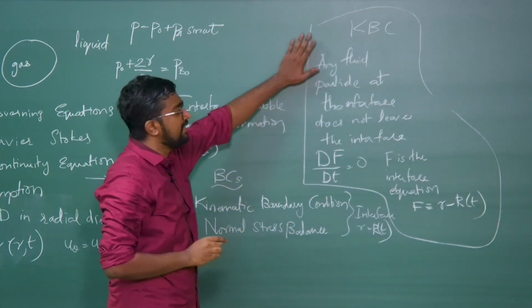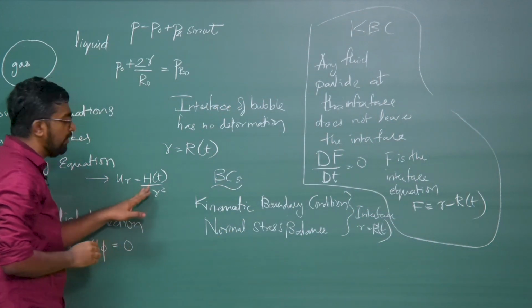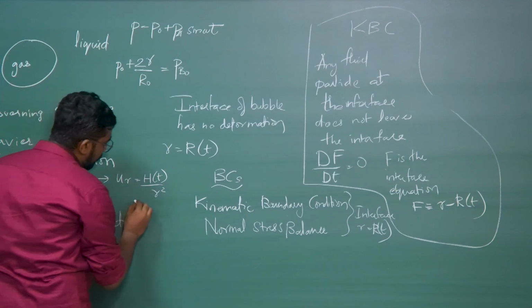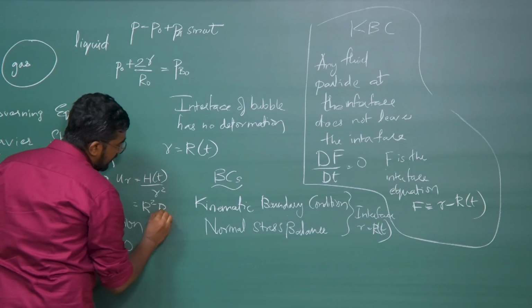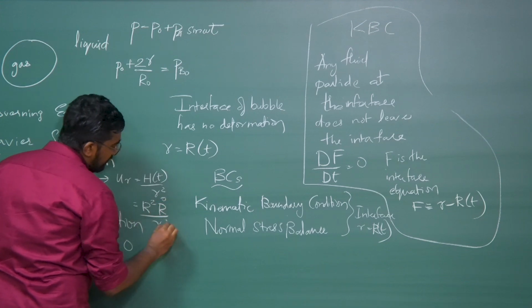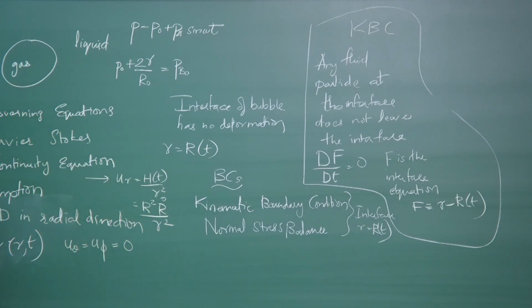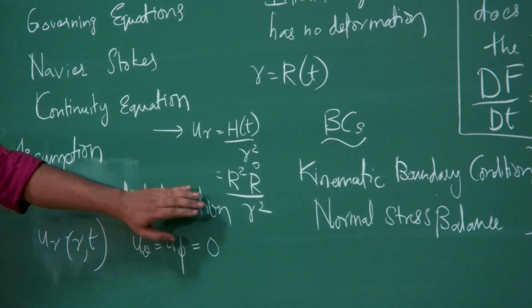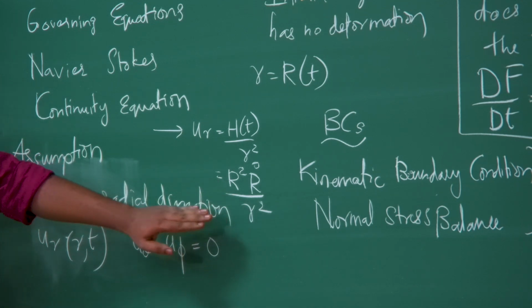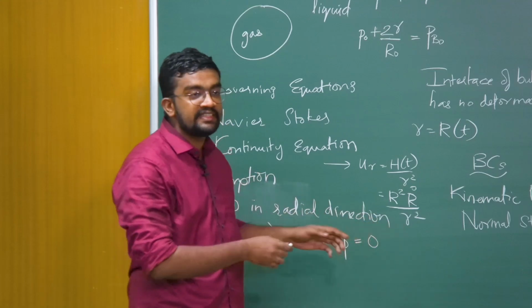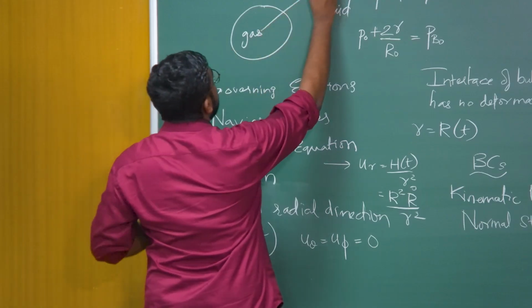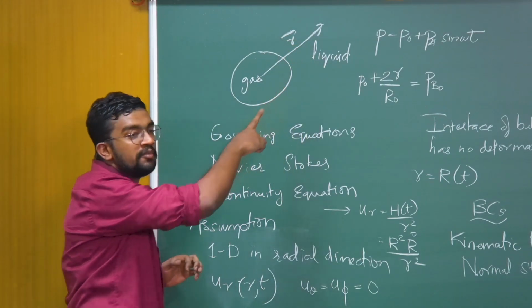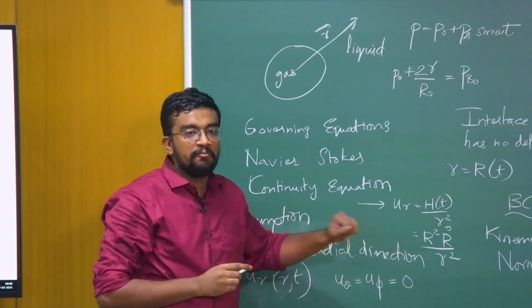So we used this kinematic boundary condition to find the value of h of t, and we found that UR is R square R dot by small r square, where capital R is a function of time. After this, we substituted this UR in the Navier-Stokes equation. So far we know that the radial velocity varies with distance from the bubble and with time.